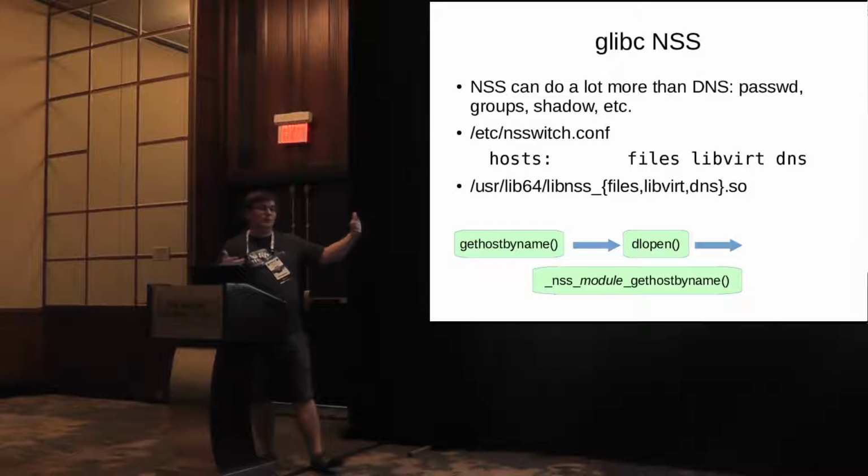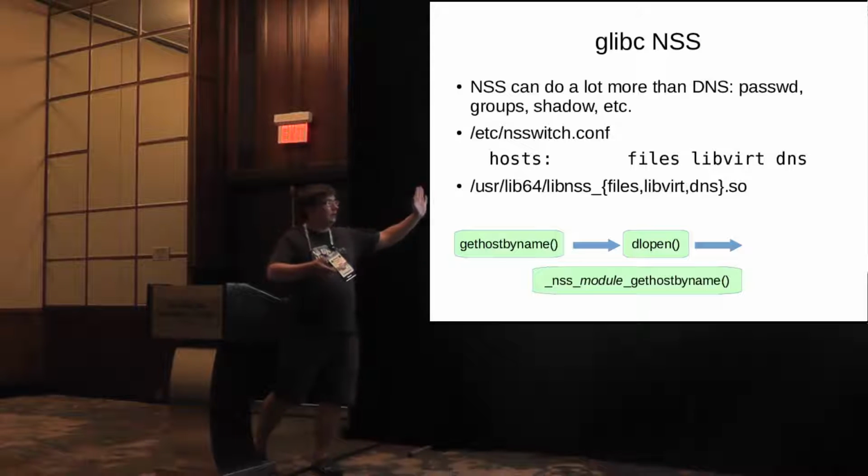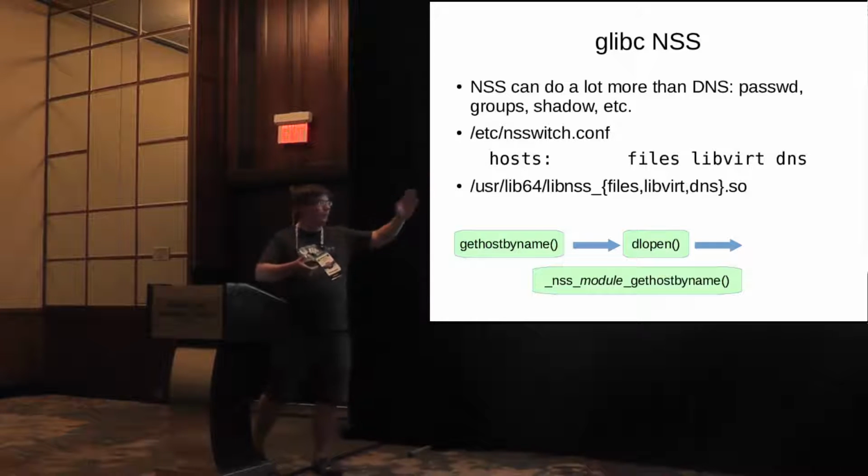If the function returns some value, meaning okay, I found the matching piece, the resolution is done. If it doesn't, or the function is not there, the process continues with the next plugin, in this case Libvirt. If that fails as well, the third option is DNS there.